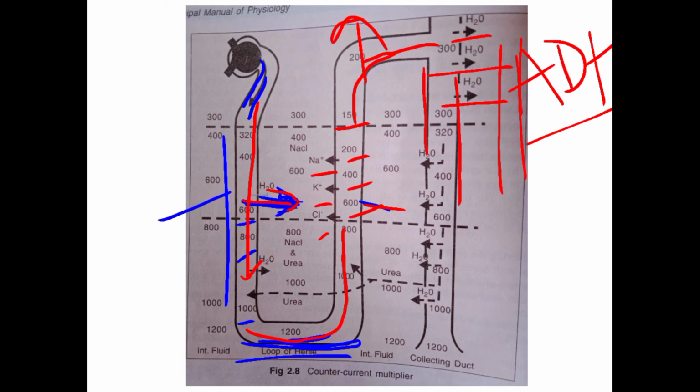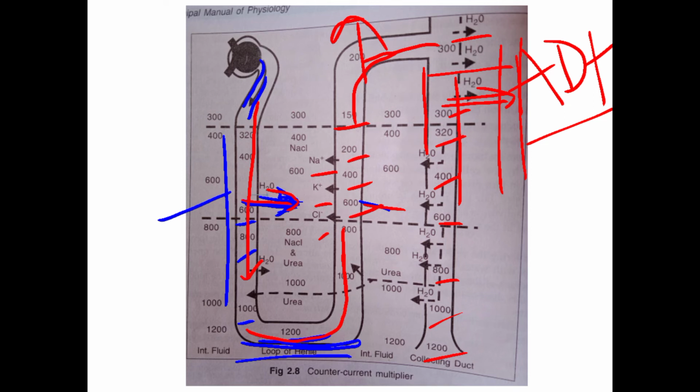You can see it again becomes 300, then 400, 600, 800 and finally 1200 in the collecting duct. Finally, hyperosmotic urine can be excreted. This is about the counter current multiplier.